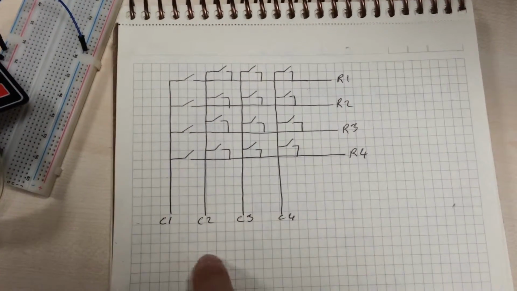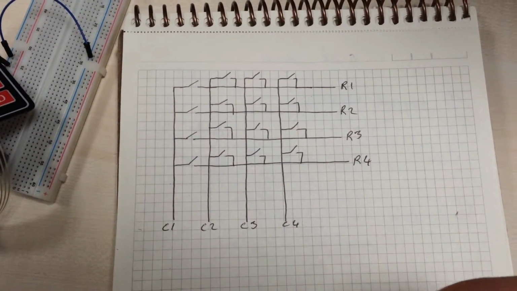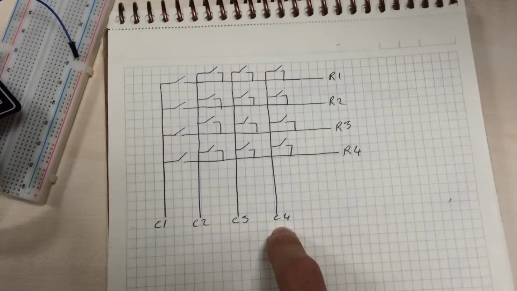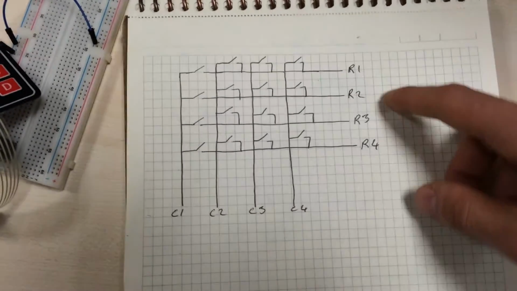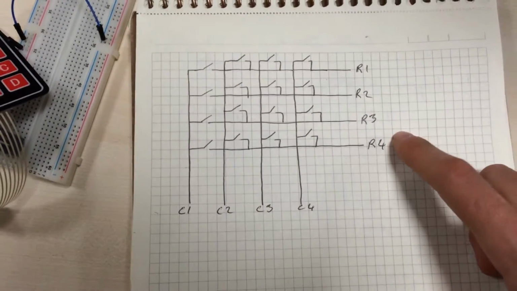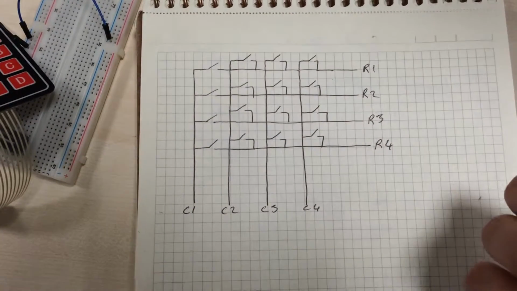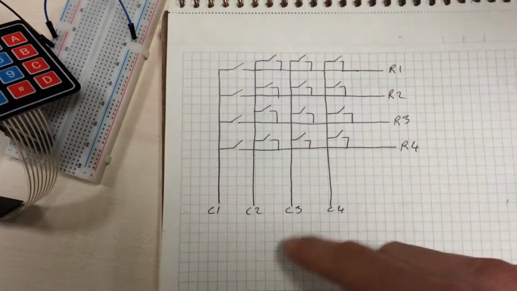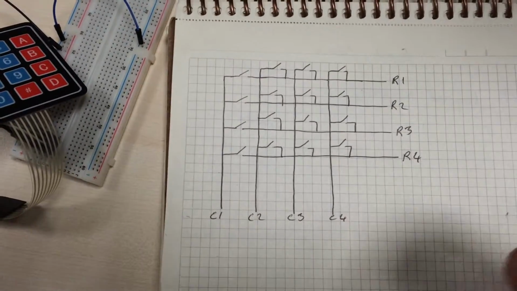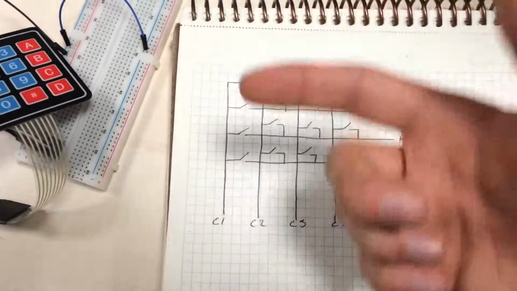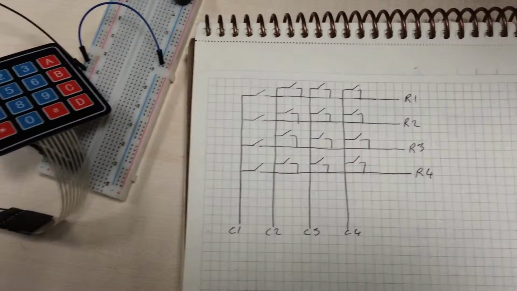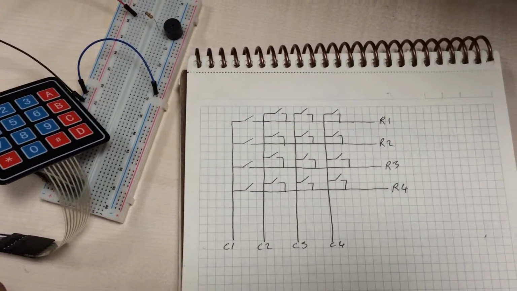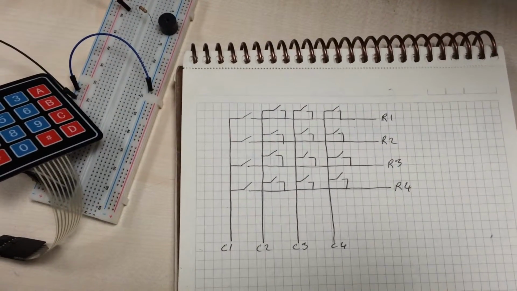At a specific frequency, I send a signal to one of the columns and check whether any of the rows has a high signal, and we understand that any button of the keypad is pushed, and which button is pushed.